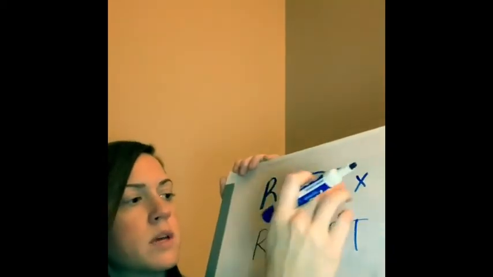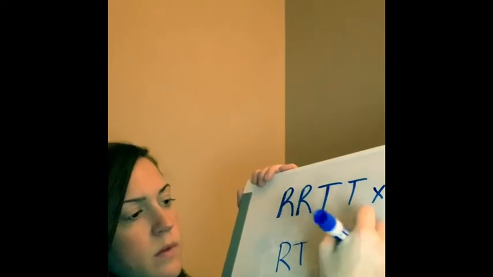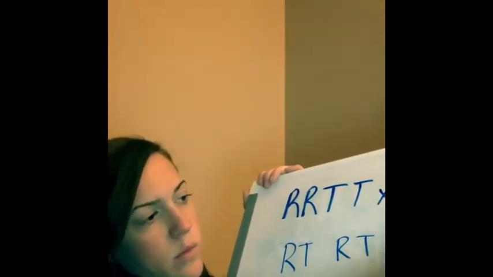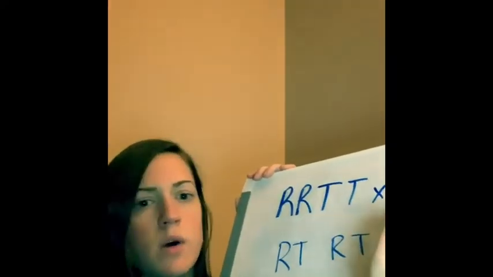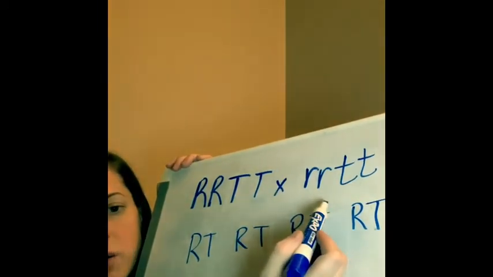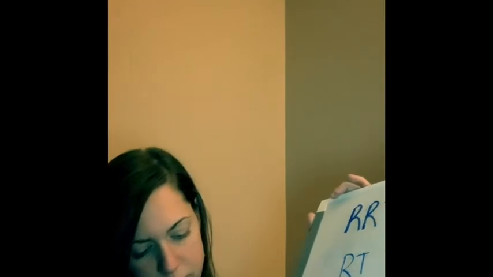So they're all going to be capital R, capital T. Let me rewrite that. And it's going to be the same way for this one. All of these different combinations are going to be lowercase r, lowercase t.